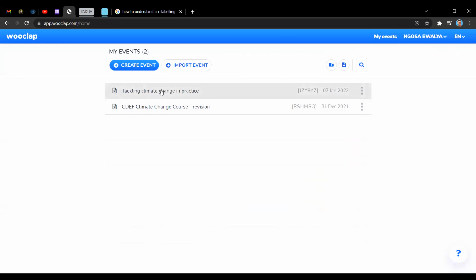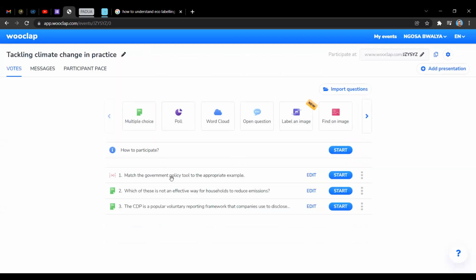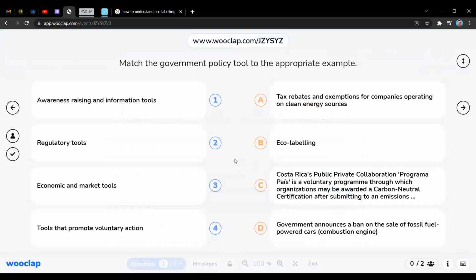Okay, so this is just one question. Don't worry. Now, the question here is, we're talking about the government, right? Match the government policy to the appropriate example.